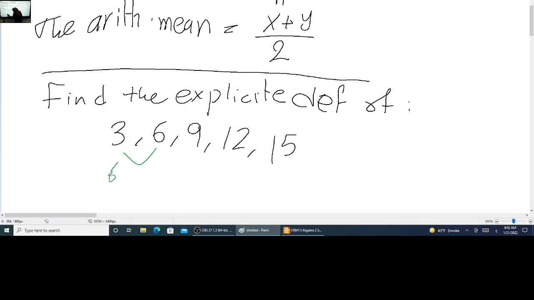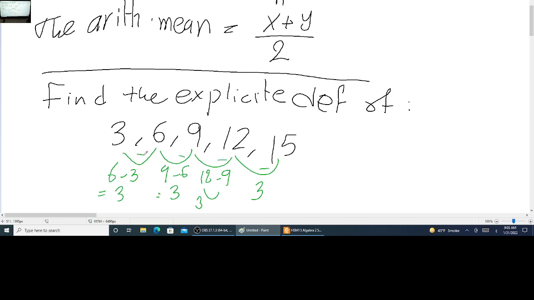6 minus 3 is 3, right? 9 minus 6 is also 3. 12 minus 9 is also 3. 15 minus 12 is also 3. So we have a common difference here.